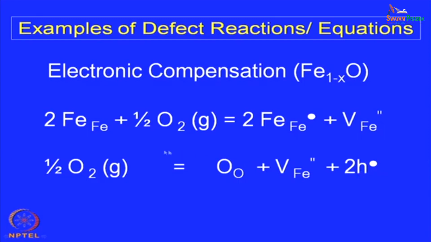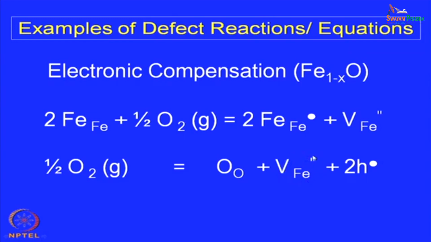So, the final equation is half O2 gas goes to the oxygen lattice. We are adding oxygen from the outside and putting it into the regular lattice site. Corresponding iron we are not adding.